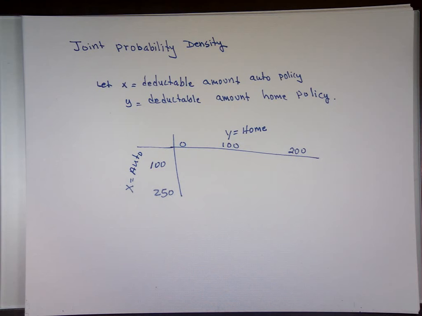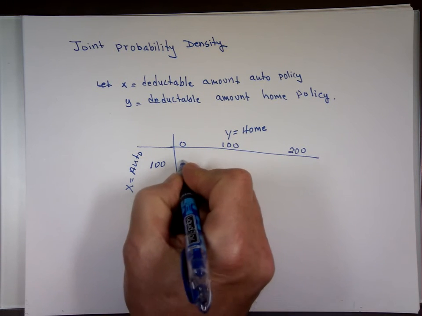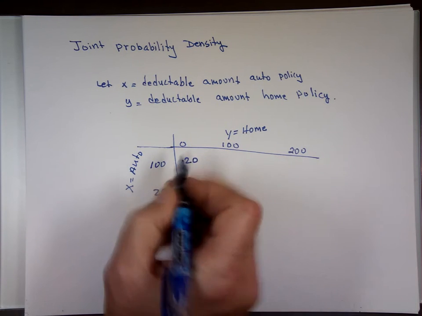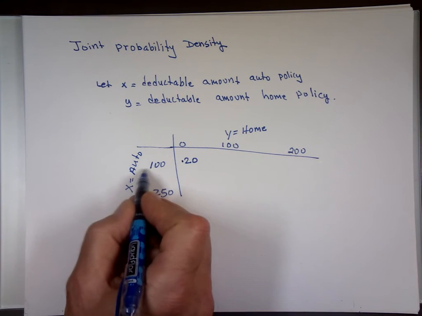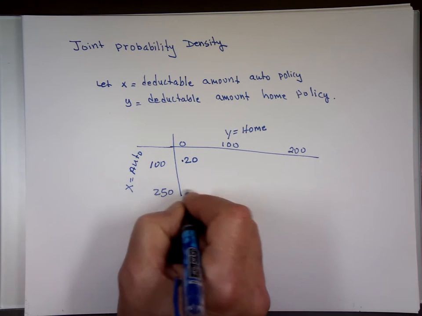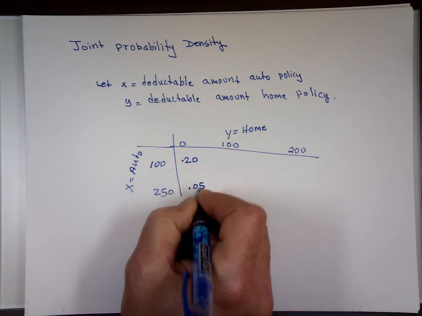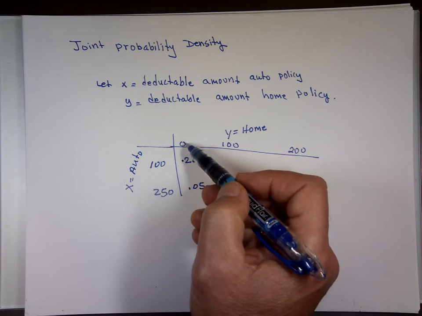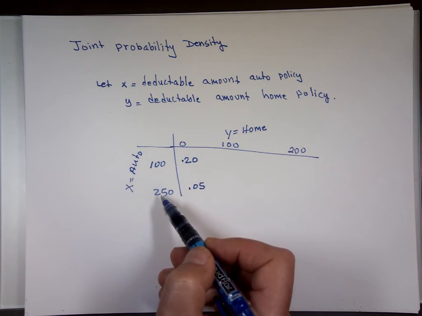But let's say we did a study, we asked people how many of you have a low deductible on this, and we calculated the percentages. We found 20% of the people have a 0 deductible on their home and a $100 deductible on their car. Only 5% of the people have a low deductible on their home but a high deductible on their car.